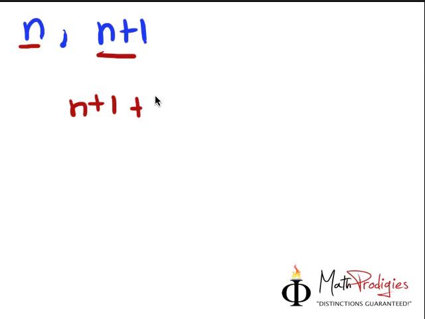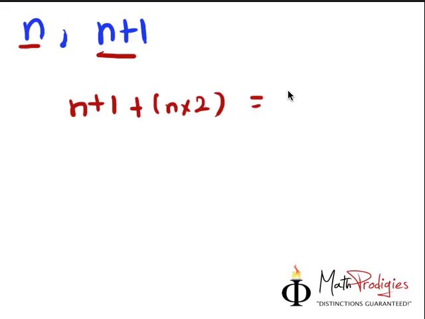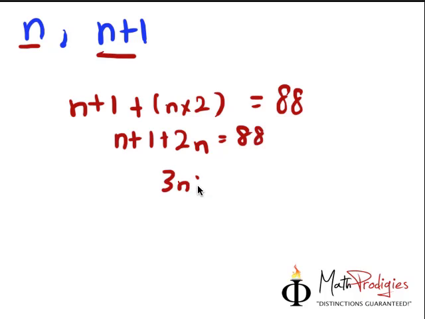The small number is n, therefore times 2, plus n times 2, gives a total of 88. Is this difficult? No, not at all. So you get n plus 1 plus 2n equals 88. Therefore, 3n plus 1 equals 88.